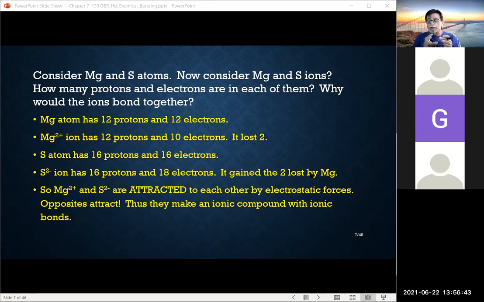And the thing to remember is it's trying to fulfill the octet. These elements will lose and gain whatever number of electrons they need to fulfill the octet. The thing to remember is we can only predict this 100% of the time for the A elements.